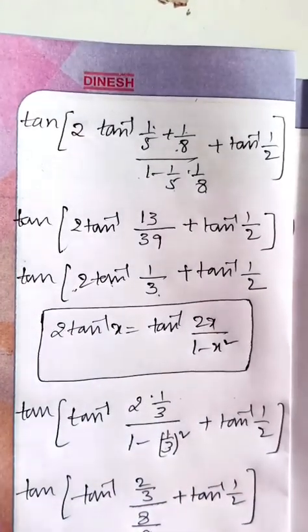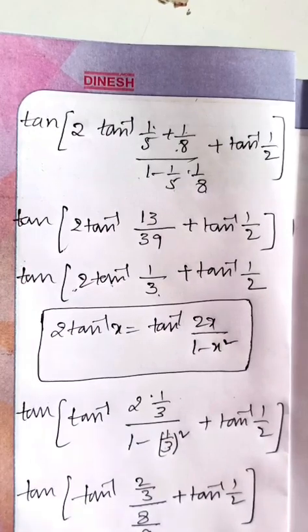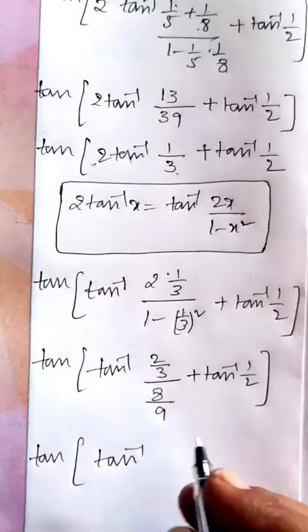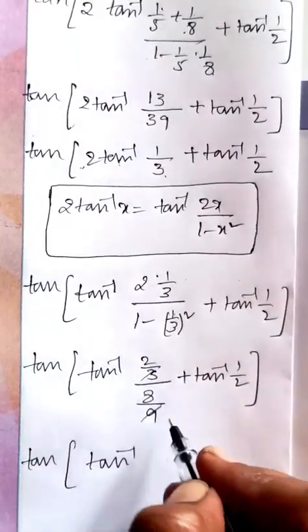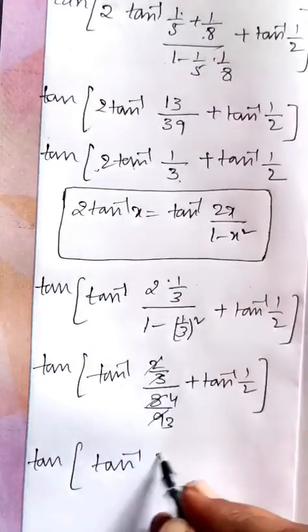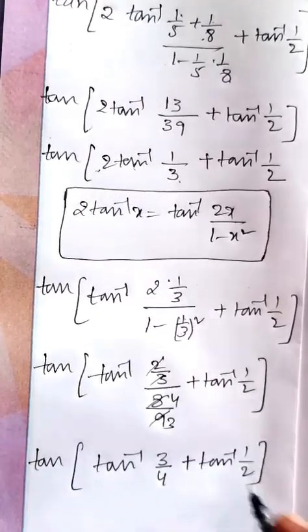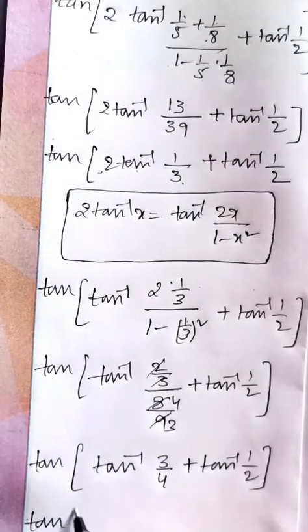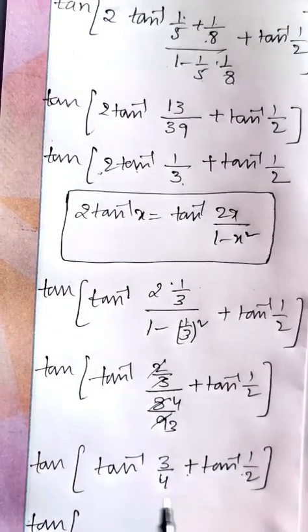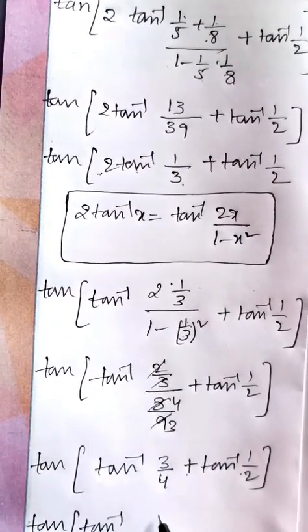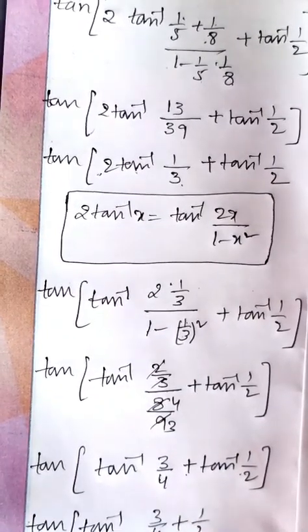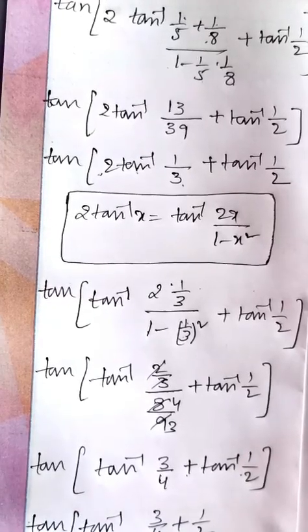So tan of tan inverse, 3 threes and 2 fours, this is 3 by 4 plus tan inverse 1 by 2. Again we need to use the formula tan inverse x plus tan inverse y, which is tan inverse of x plus y by 1 minus xy.